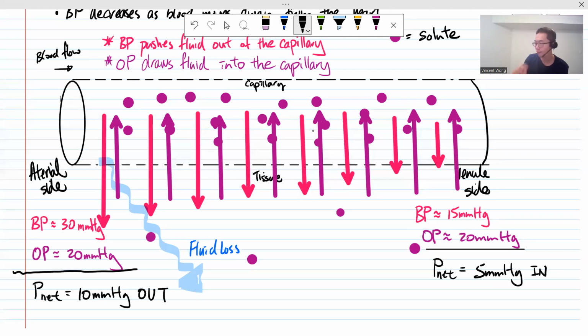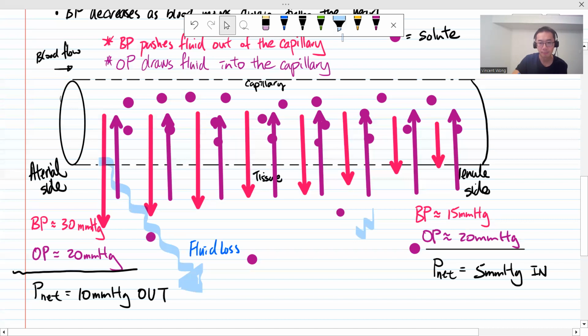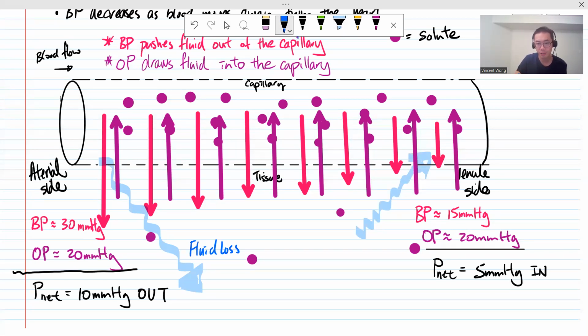And these are just reference numbers, right? They're not absolute. It depends on which part of the body you're in. But this is a recurring theme. You will lose fluid on the arterial side, but you will be able to gain it back in the venous side. Okay, so fluid gain from the perspective of the capillary, right?